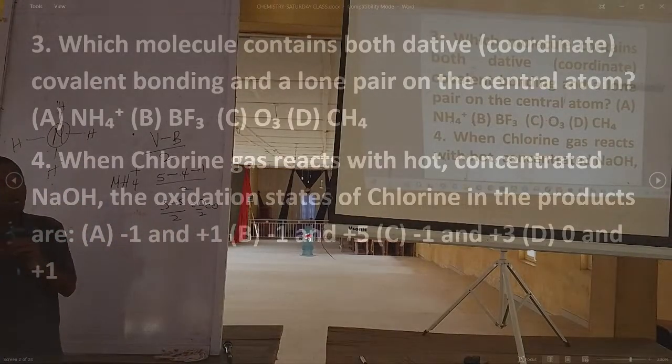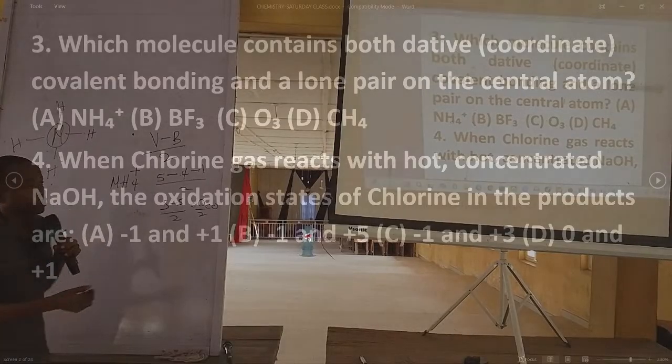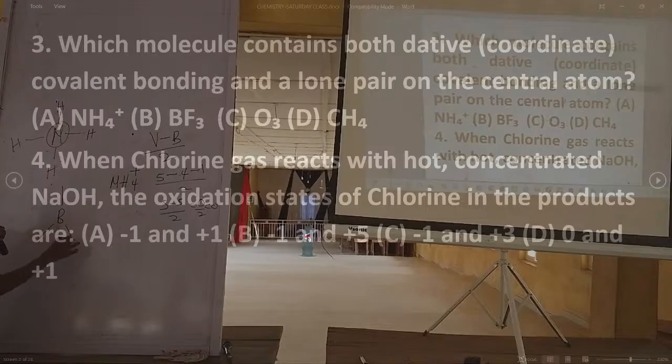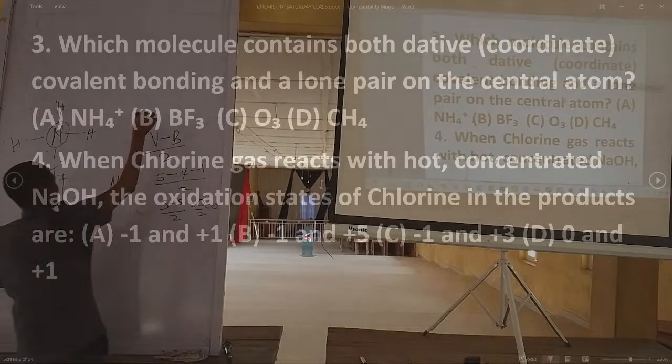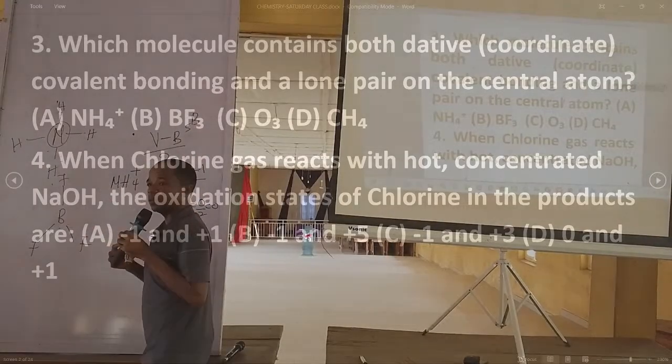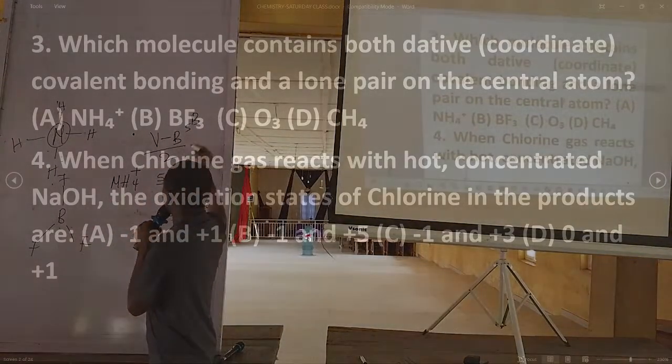That's how you know. If you are looking at option B, boron trifluoride, you do the same thing. Boron is like this, with fluorine, fluorine, and fluorine. So this is boron trifluoride, BF3. Now, boron is the first element in group 3, meaning that it has 3 valence electrons.